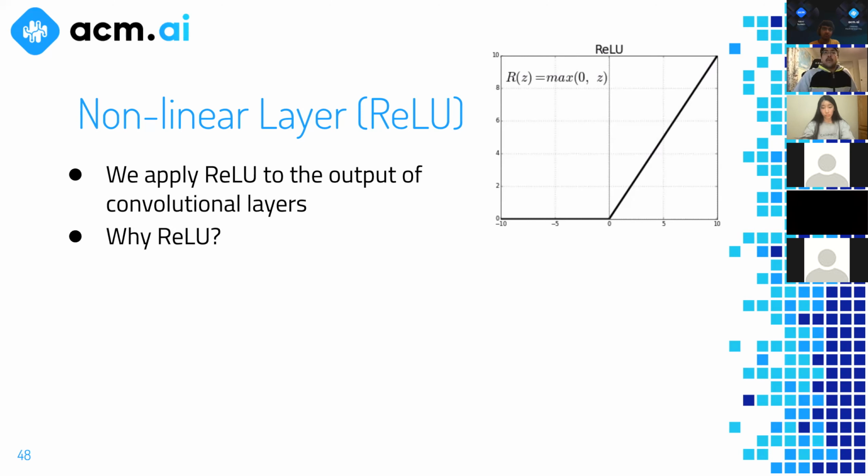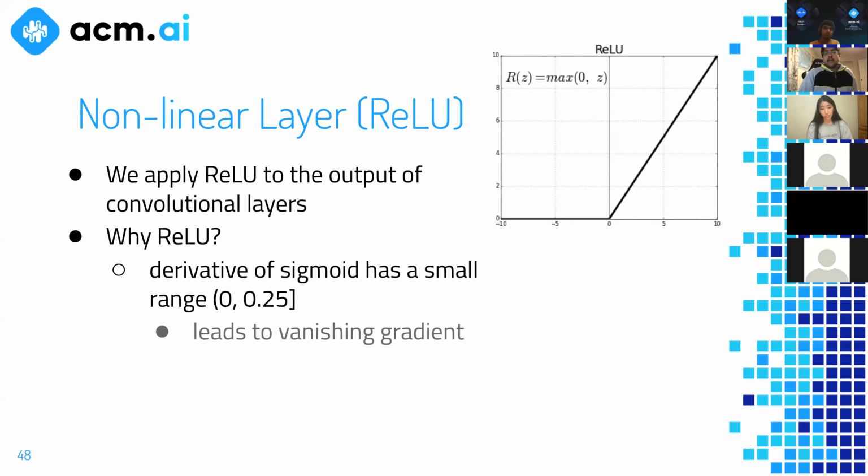So we apply ReLU to the output of our convolutional layers. We want to ask ourselves why we use ReLU. The reason is that our sigmoid has a small range, and this leads to a vanishing gradient, which is a problem.